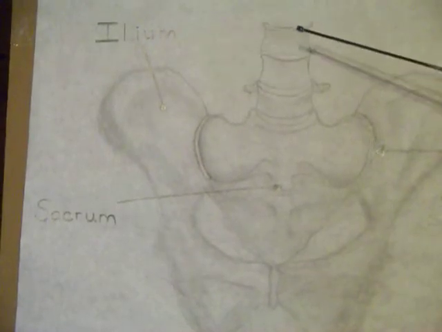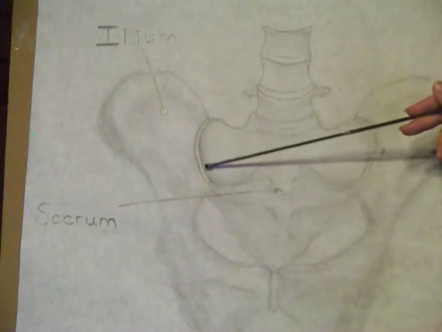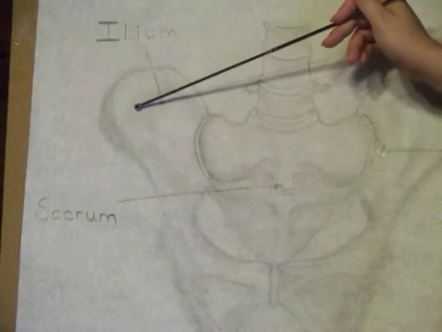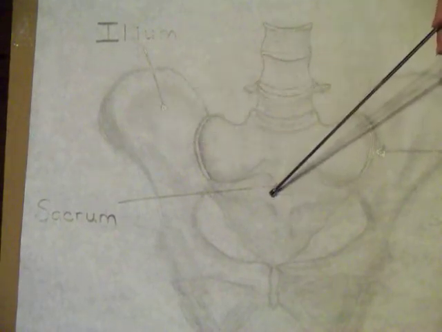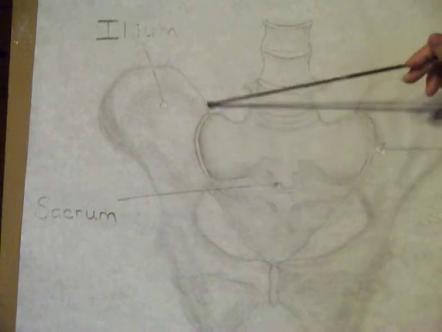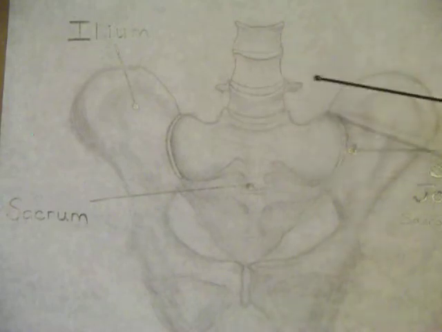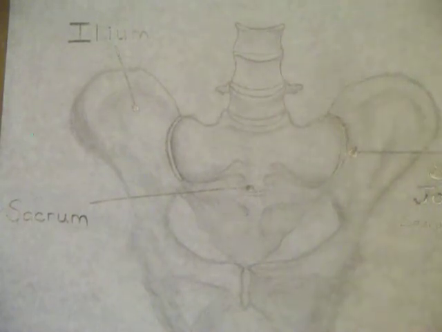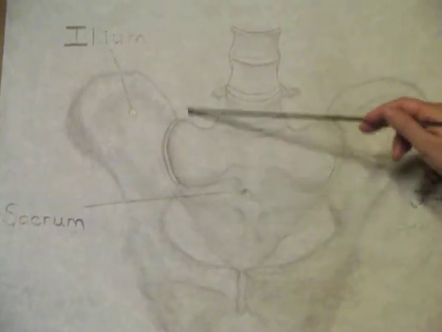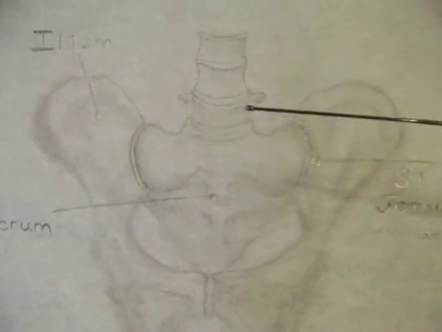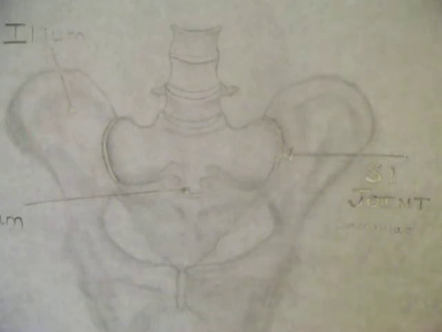The reason why it's called the sacroiliac joint, which is right here, is because it's placed between the ilium and the sacrum. This small thing right here is what's referred to as the SI joint or sacroiliac joint. When this is not properly functioning as it should, they refer to that as sacroiliac joint dysfunction.